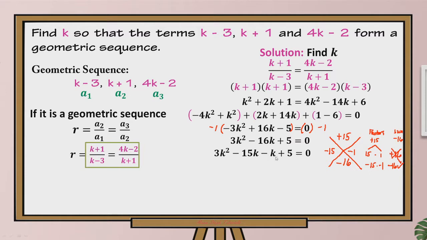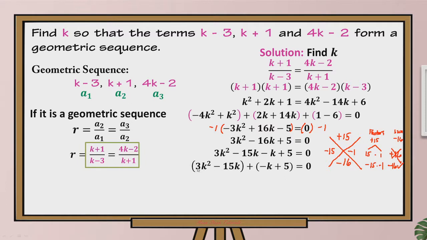Kasi, itong part na to ay equivalent pa rin siya sa negative 16k. And then, gagawin lang natin ang grouping method. So, we will group 3k squared minus 15k plus negative k plus 5. Yung kasunod niyan ay kukunin natin ang GCF ng bawat group or yung common factors.